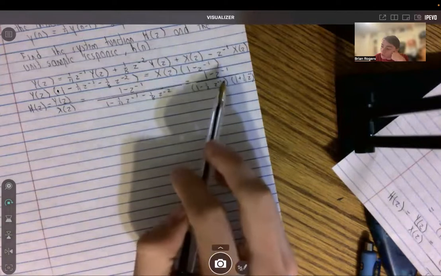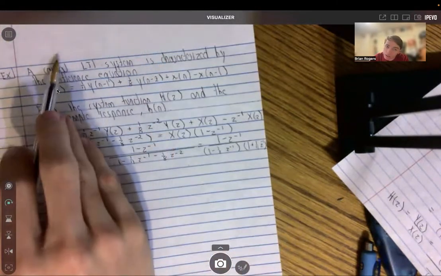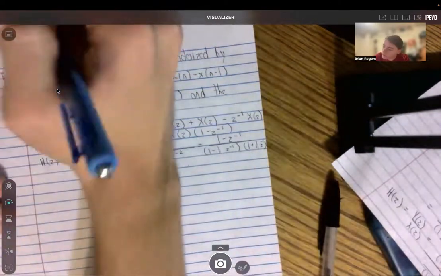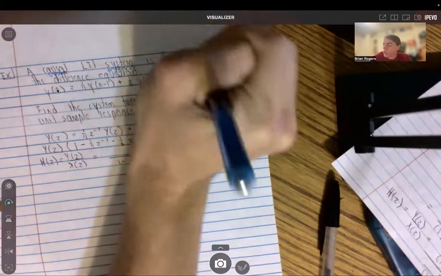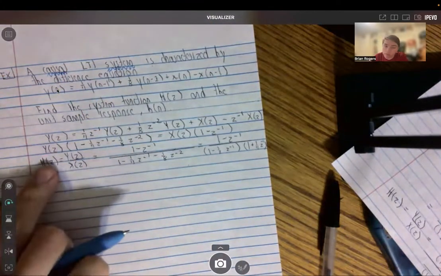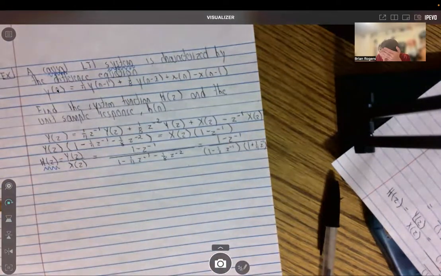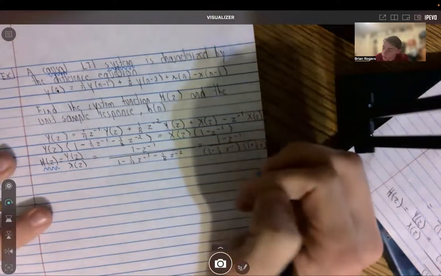Now it says this is a causal system in the beginning. Notice that it says causal system. Since it says causal system, our system function is given by H of Z, so these two must be written in terms of causal regions of convergence.